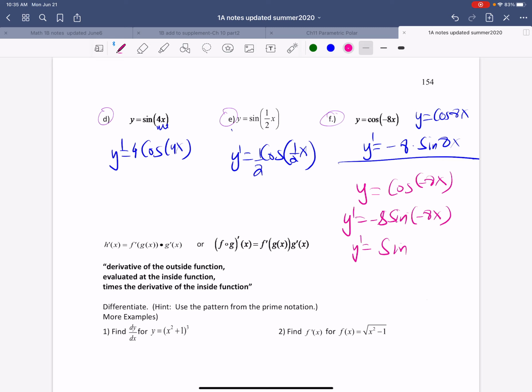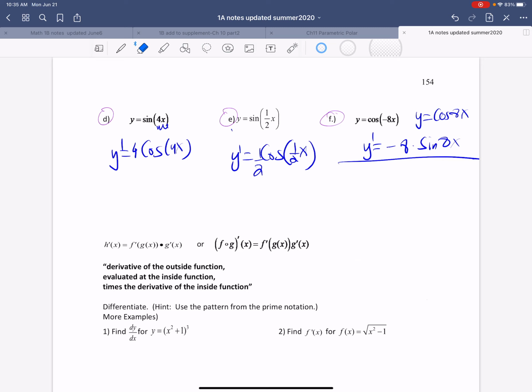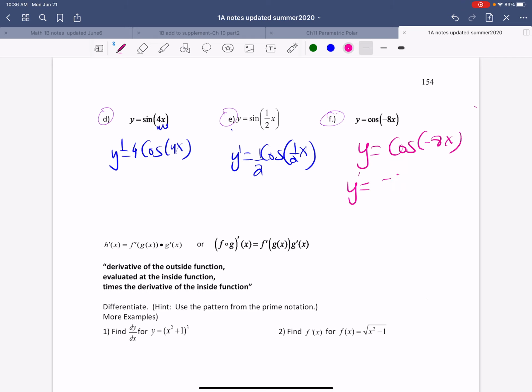So now leave it like that. Okay, leave it as y is equal to cosine of negative 8x, if you want to proceed with the way it's given. Derivative of cosine is negative sine of negative 8x times negative 8, right?